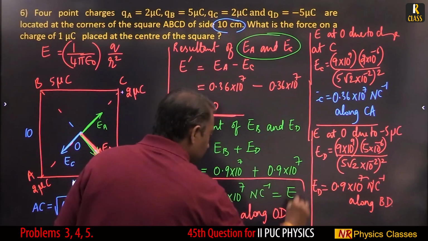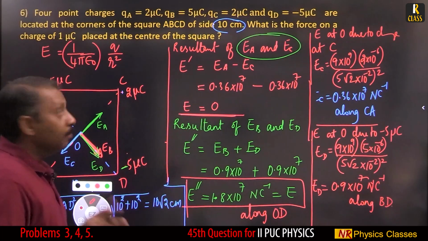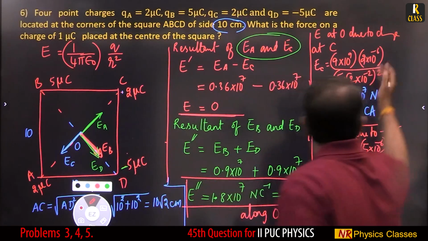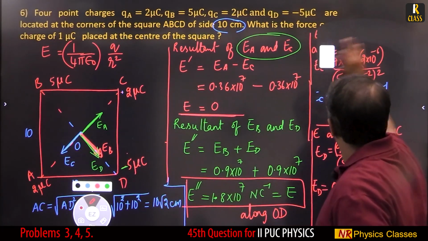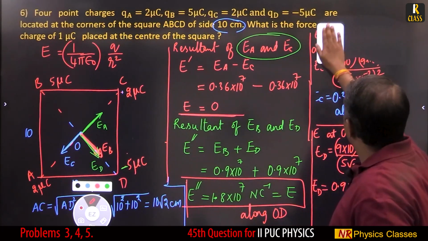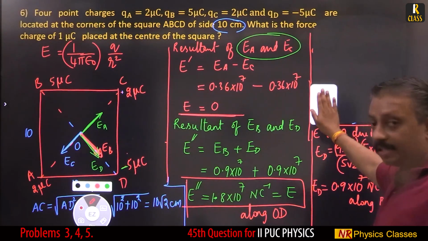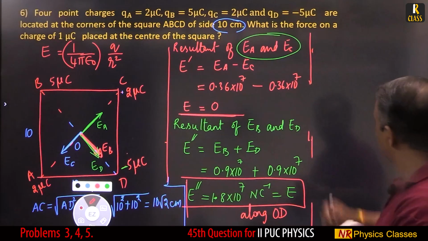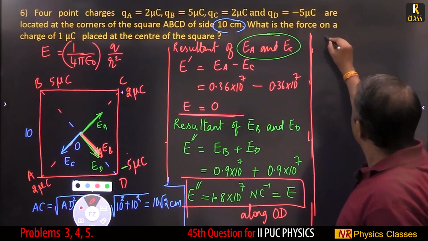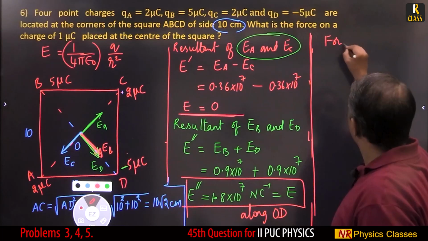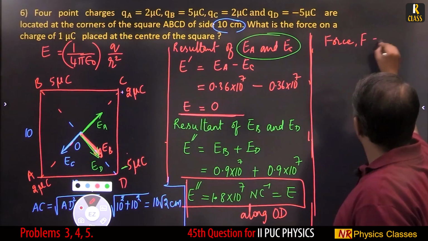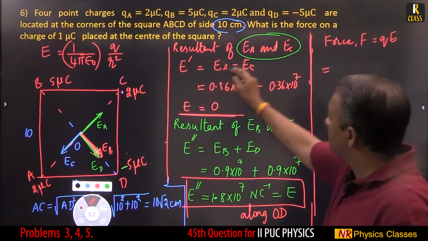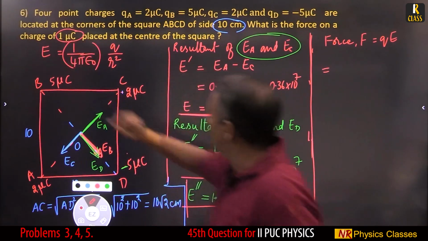So we found the resultant electric field, but we have to find the force. The relation between force and electric field is F equal to Q into E. So F equal to Q into resultant electric field. Where is that charge? Here is the charge, 1 microcoulomb.